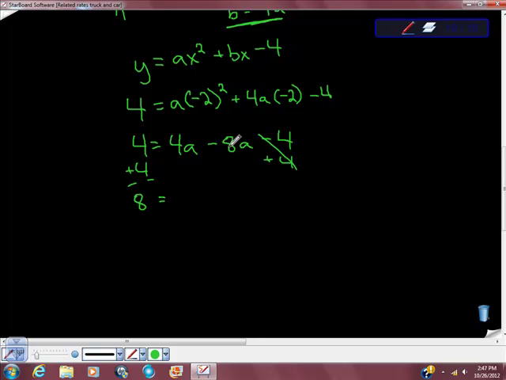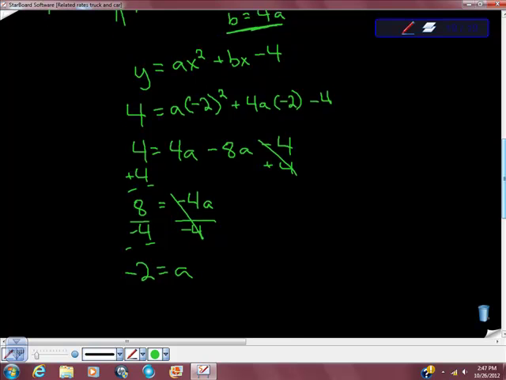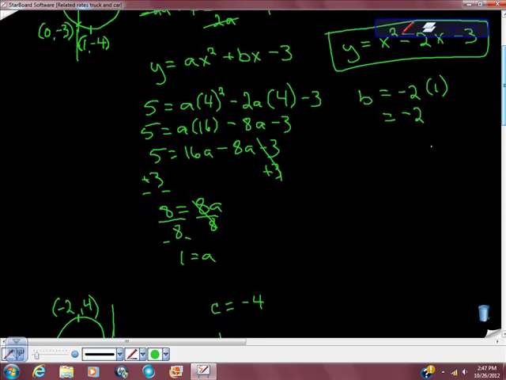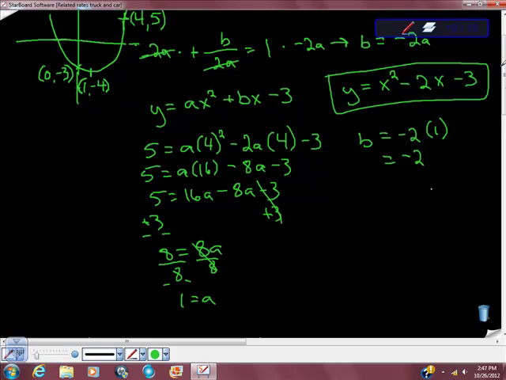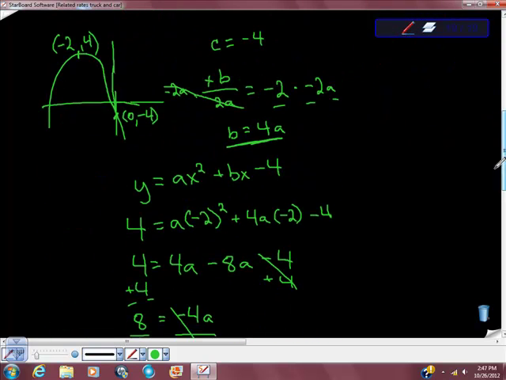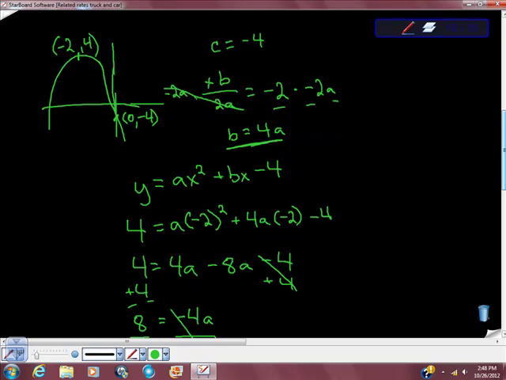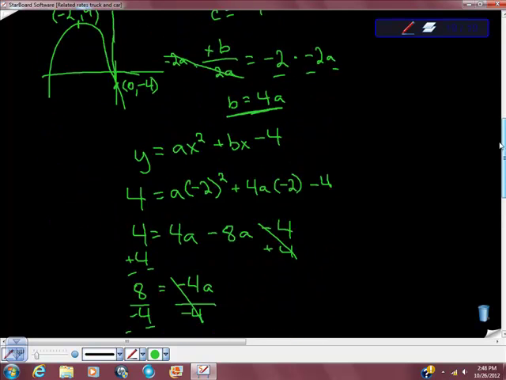So 4a minus 8a gives us -4a on this side. And then I'm going to divide by -4 on both sides, and it'll give me -2 equals a. So c equals -4 and a equals -2.